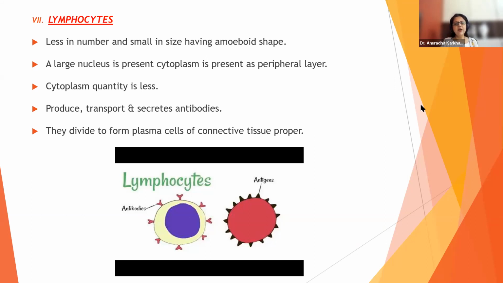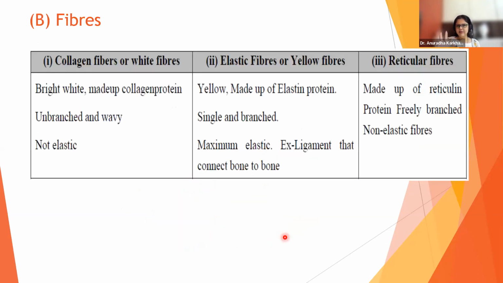Did you all understand the difference between lymphocyte, plasma cell, monocyte and macrophages? Does anyone have any difficulty? Anyone who has not understood any point or is still confused about it? No? Good. Yeah, that's all with the cells.